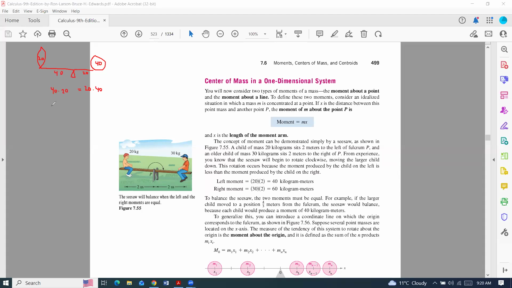In other words, we have weight. What letters do they use? Like mass. Okay, the mass of one multiplied by the distance of one on one side will be the same as the mass of the second multiplied by the distance of the second.